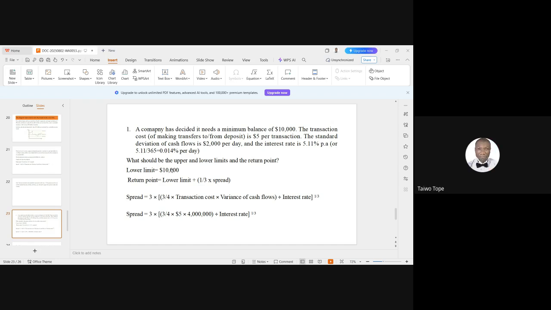So, what will be your interest rate? 0.014. Why are we using 0.014? Why not 5.11%? Because the data given to us is per day, not annually. So we have to convert the annual rate to daily rates.